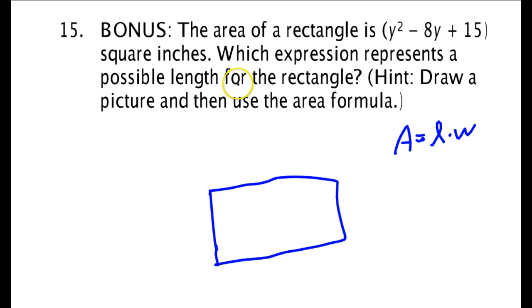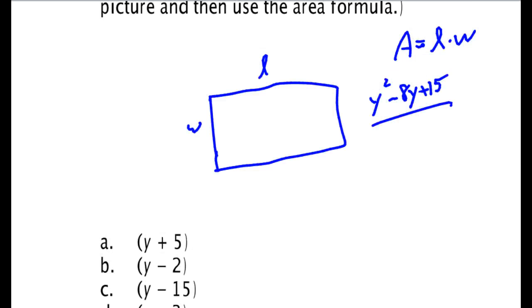So they're saying the whole area is y squared minus 8y plus 15. Which expression represents a possible length for the rectangle? So we're trying to figure out, this is the length, this is the width, which two multiply to our area.